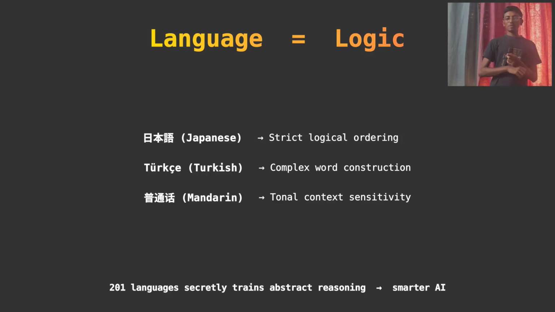Forcing a 2 billion parameter model to understand Japanese ordering, Turkish word construction and Mandarin tone simultaneously makes it stop memorizing English patterns and start building an abstract model of the world. Multilingual training is the secret intelligence in training. It makes the model understand the world in semantic and latent space and properly construct meaning out of it.